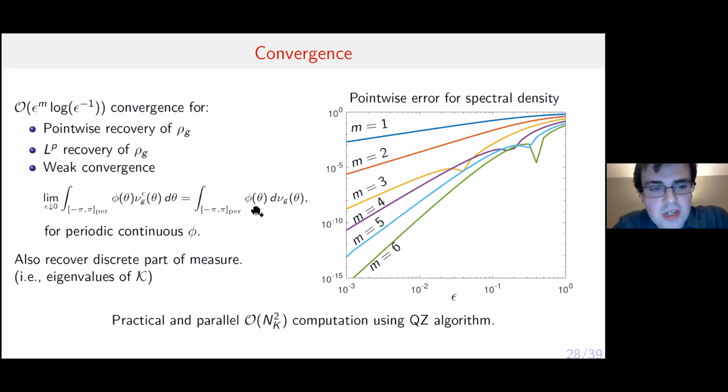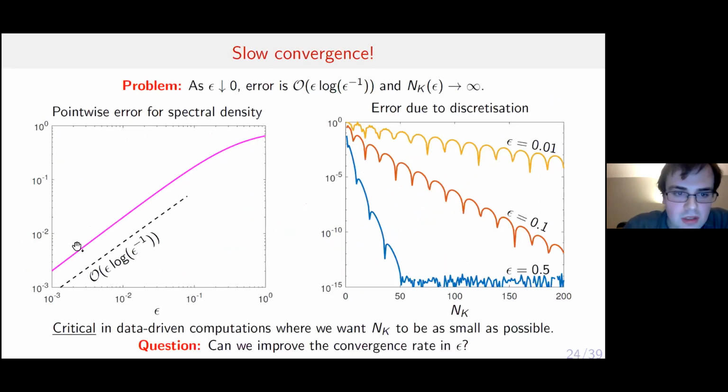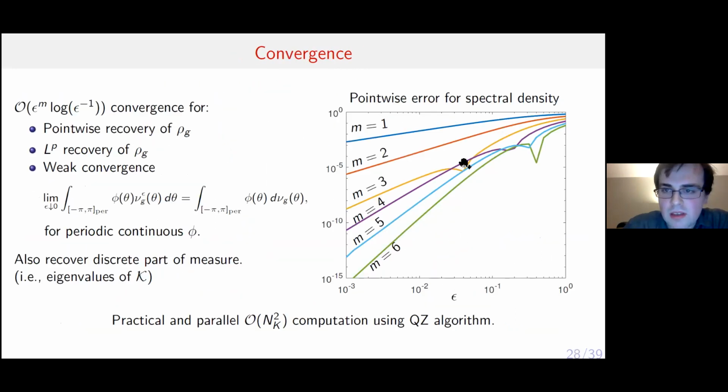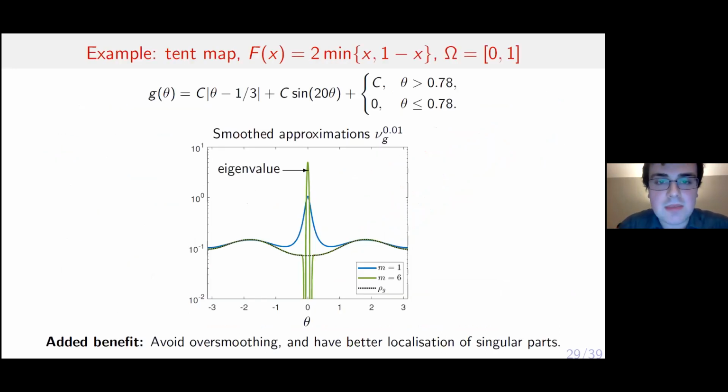You can also use this to recover discrete parts of the measure, which correspond to the eigenvalues of K. So, for example, this shows the corresponding plot for this curve here, but now with higher order rates of convergence. So this is approximating the spectral density. This is much faster. And we also have a practical algorithm that uses the QZ algorithm to do this fast in order n_K squared operations, where n_K is the truncation size, the discretization size, of these ResDMD matrices.